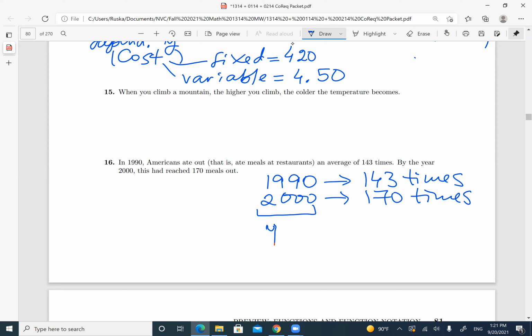Okay, so the year is independent, it's the X, and how many times a year Americans are eating out is the dependent, because that depends on which year you are. Okay, makes sense? So always think about what is X and how they're related.